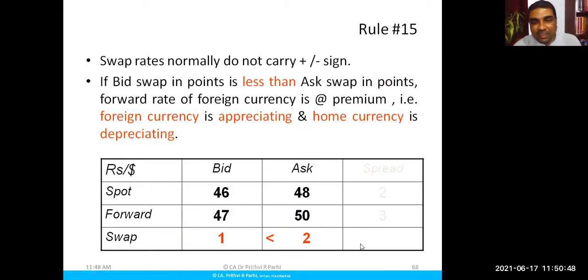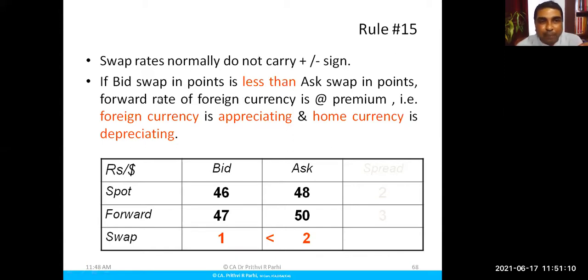Rule 15 is also what we are discussing. Normally, the swap points or swap rates do not carry any plus or minus sign. So we need to understand which situation is to be added to the spot rate and which situation is to be subtracted from the spot rate.